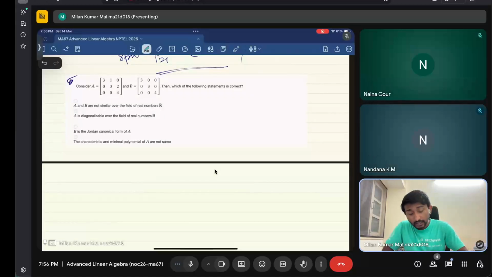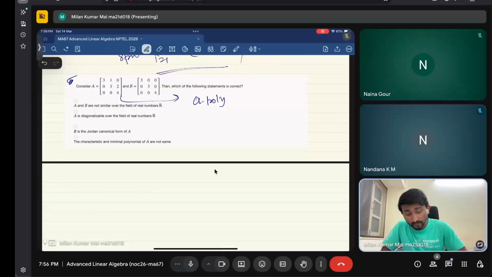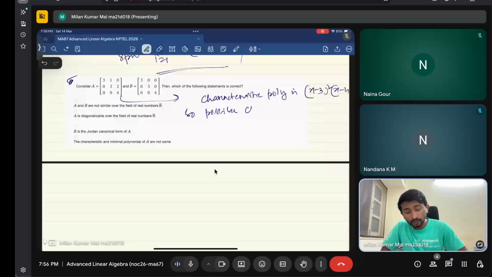Corresponding to this matrix, the characteristic polynomial is clearly x minus 3 square, x minus 4. What are the possible choices of minimal polynomial? x minus 3 times x minus 4, or x minus 3 square times x minus 4.